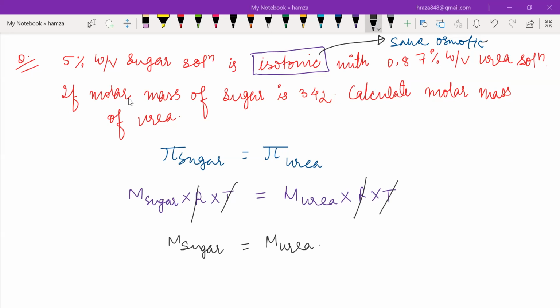Let me know if you are unable to solve this.